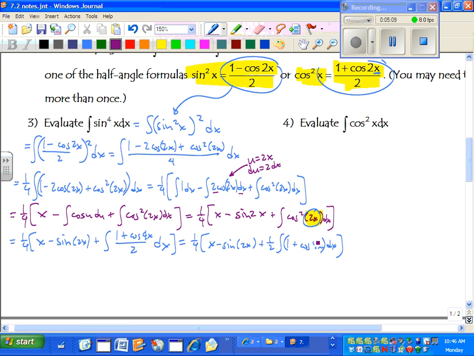Now we can do the antiderivative of this, but we need to use u substitution again. So down here, u is going to be 4x, du is going to be 4 dx. So we have to multiply the inside by 4, outside by 1/4.